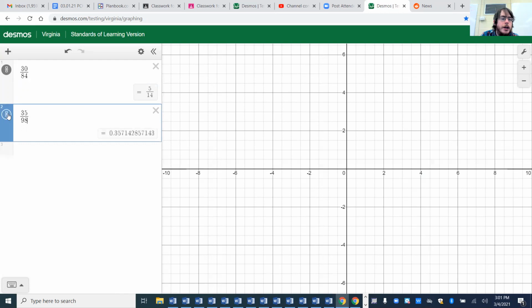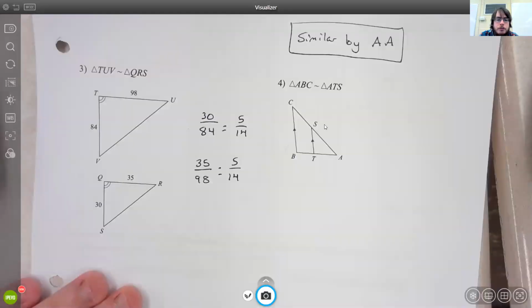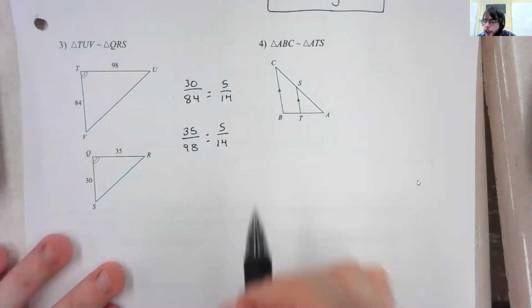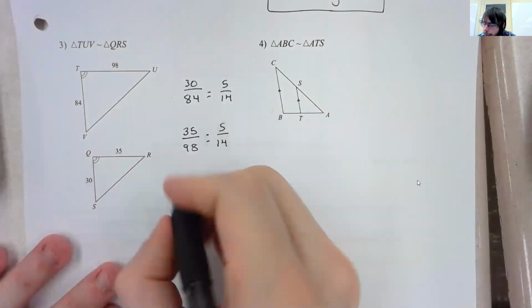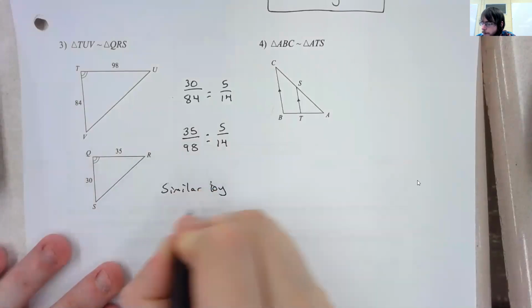And if it is, then they are similar. And so we see that both of these give us the fraction 5 over 14 when simplified. So since those are the same ratio, we can use side angle side to determine that they are similar.